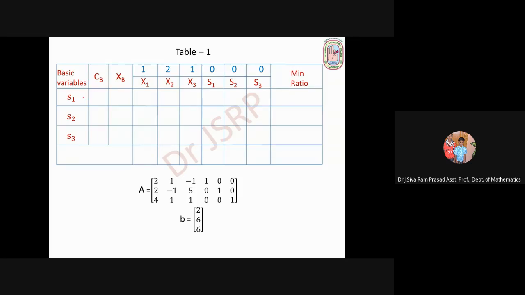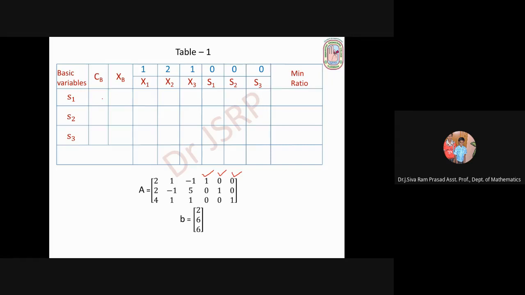That means you have to write in first place the variable corresponding to the first column, that is 1, 0, 0, this column. And in second place, the variable corresponding to 0, 1, 0. And in third place, the variable corresponding to 0, 0, 1. You have to write in the unit matrix order only here. Okay. So S1, S2, S3.